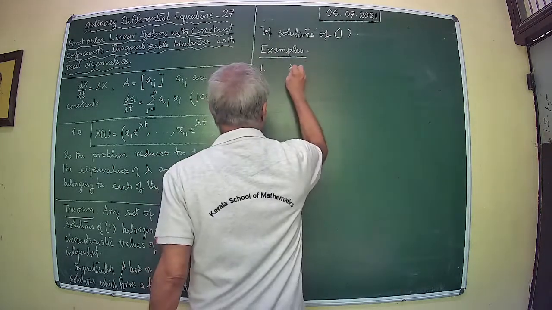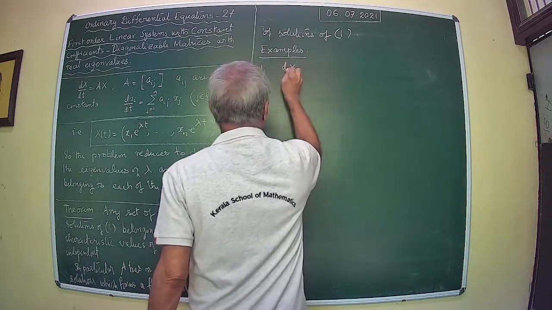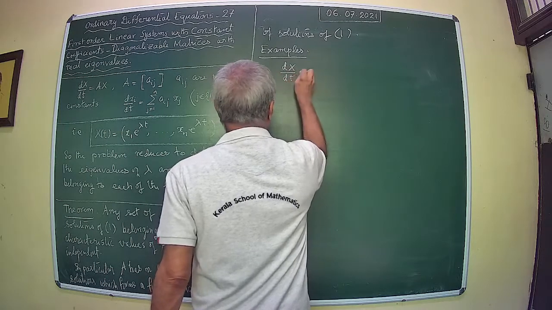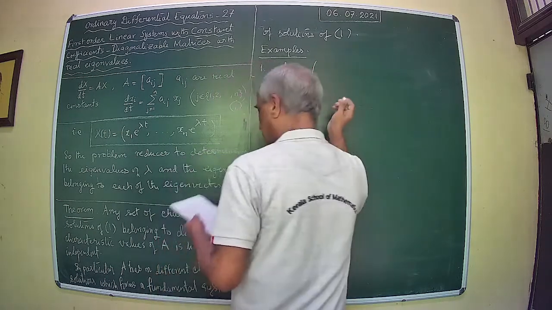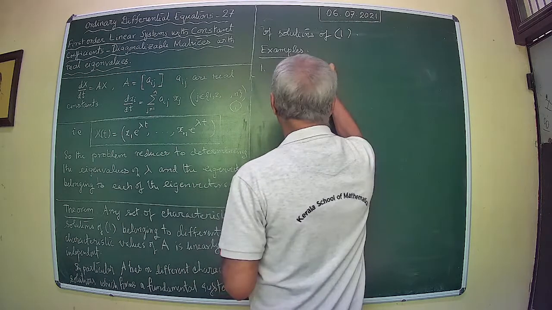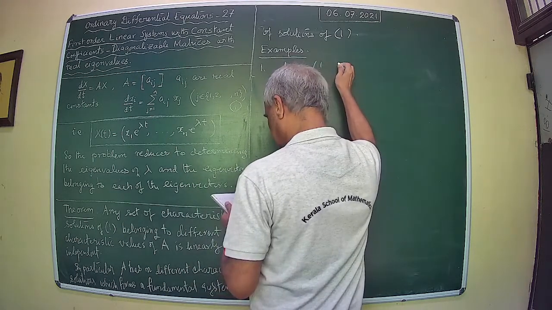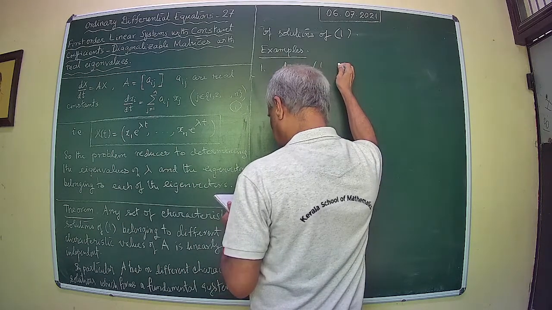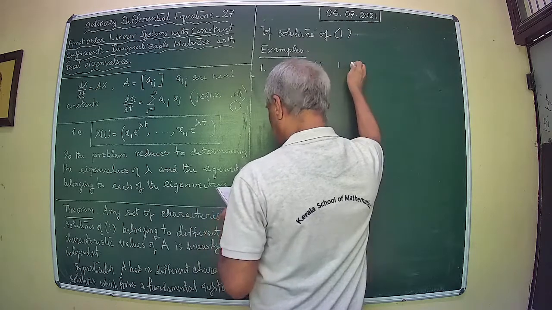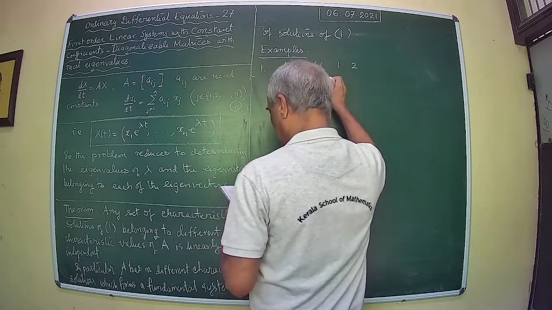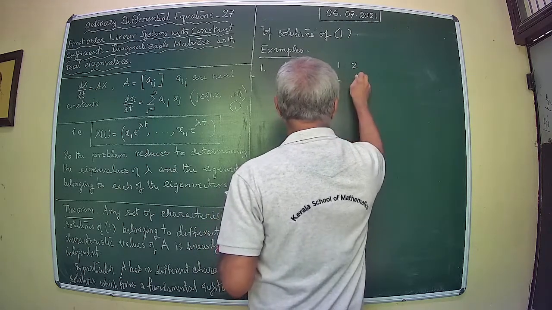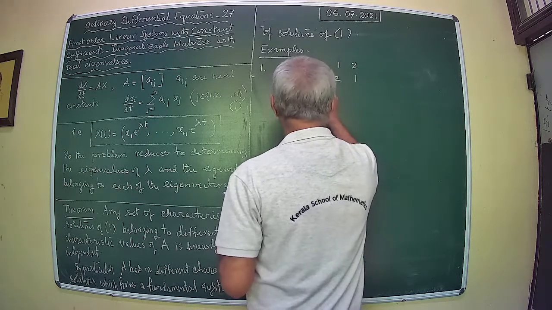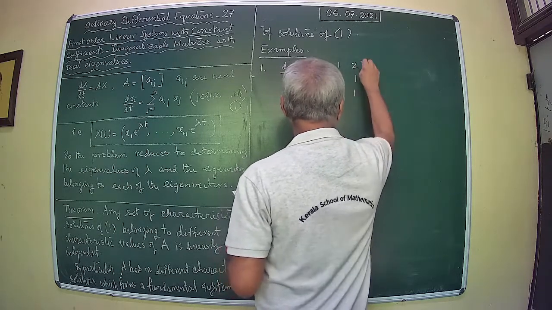So take dx by dt equal to A x, where A is the matrix with rows 1, 1, 2; 1, 2, 1; 2, 1, 1.